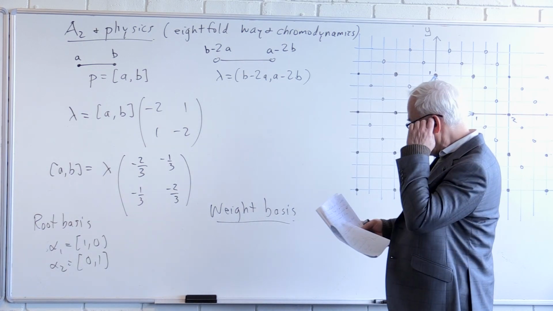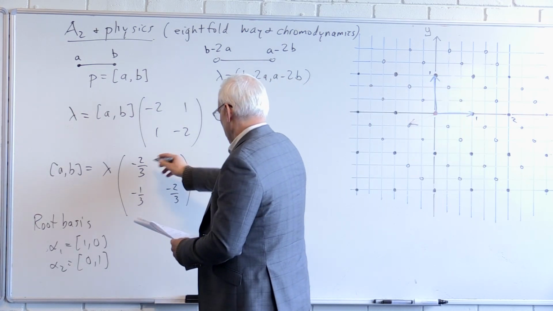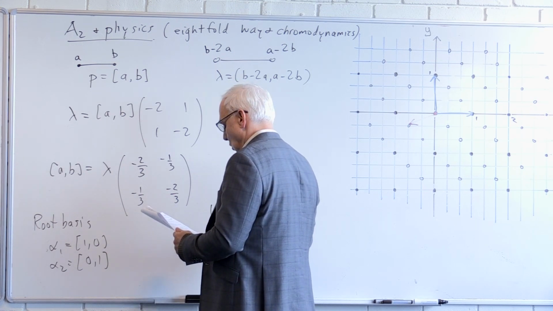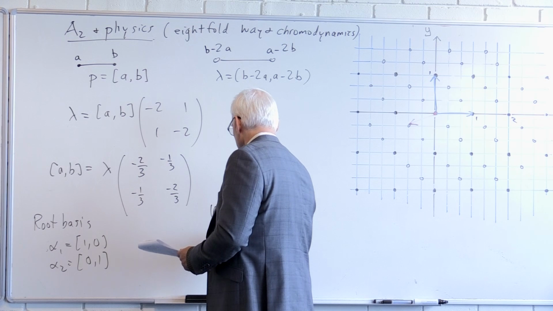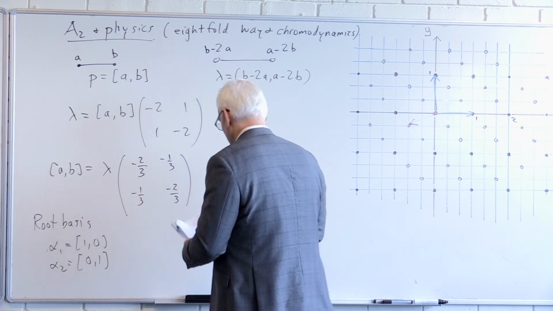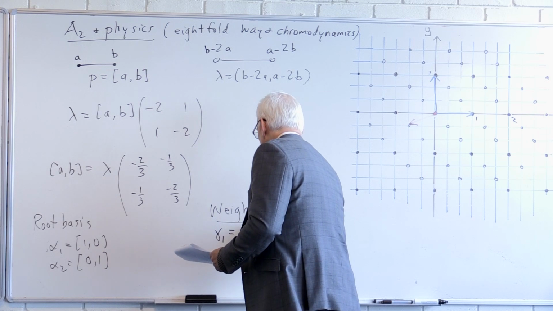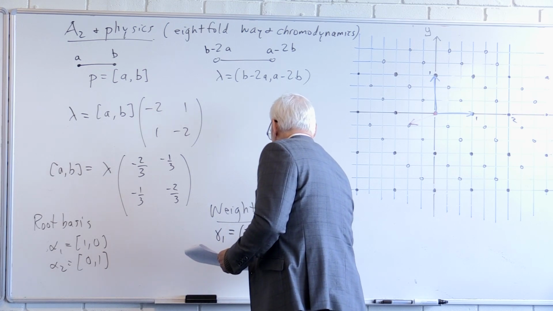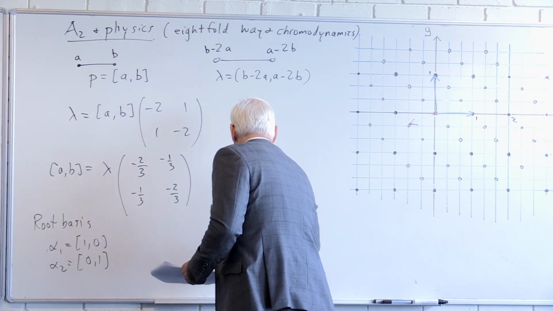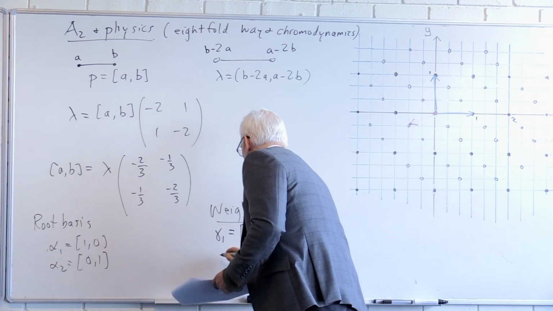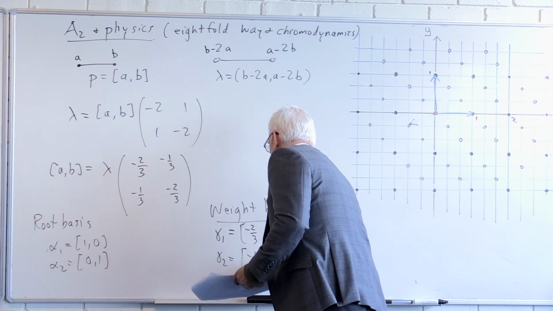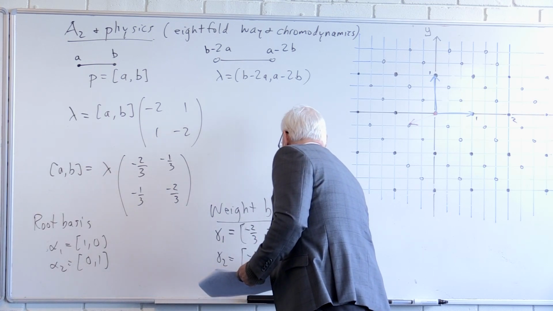Let me call them gamma. Gamma 1 will be [minus 2/3, minus 1/3], I'm going to put square brackets, and gamma 2 equals [minus 1/3, minus 2/3].